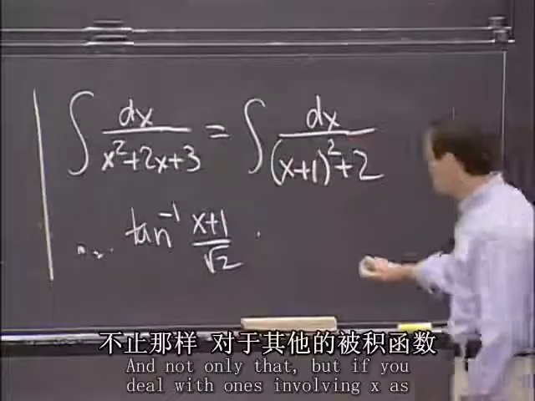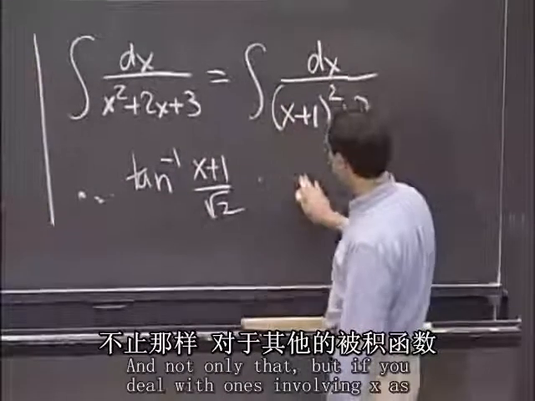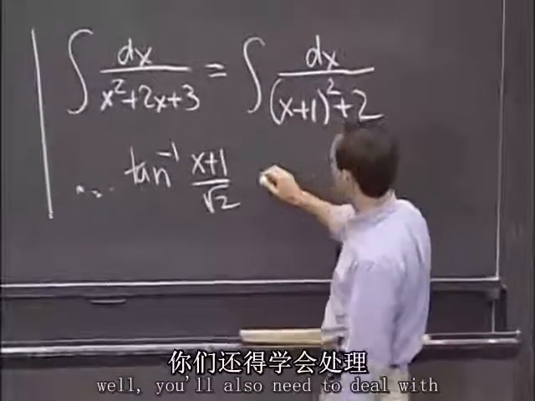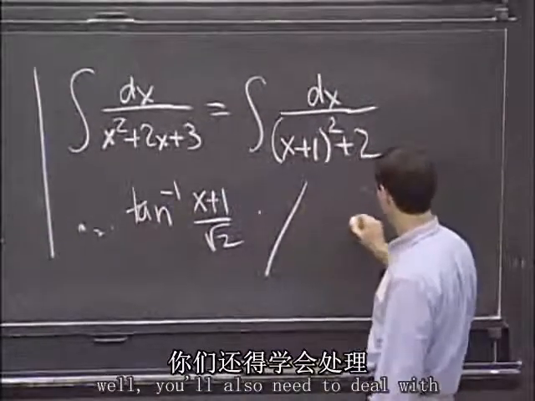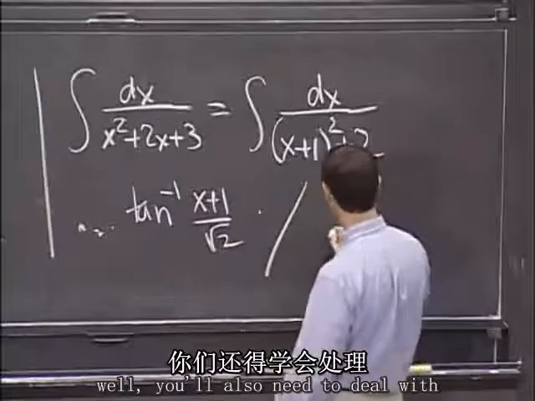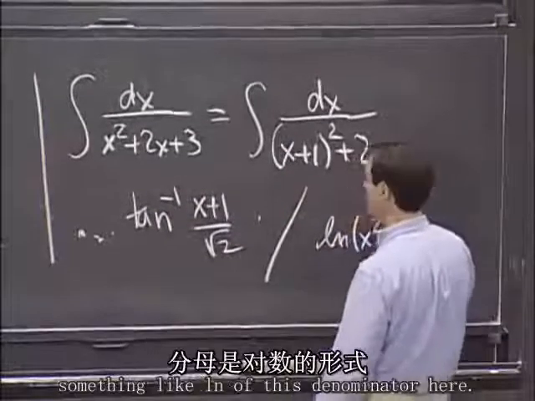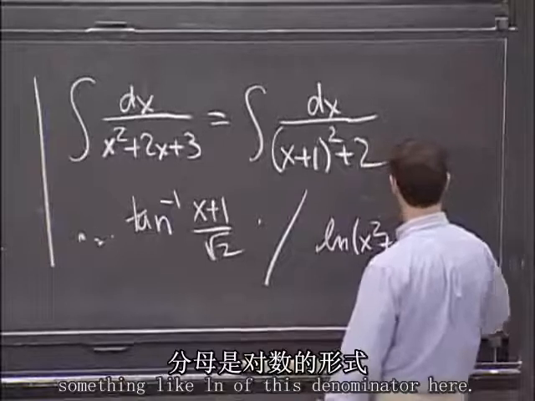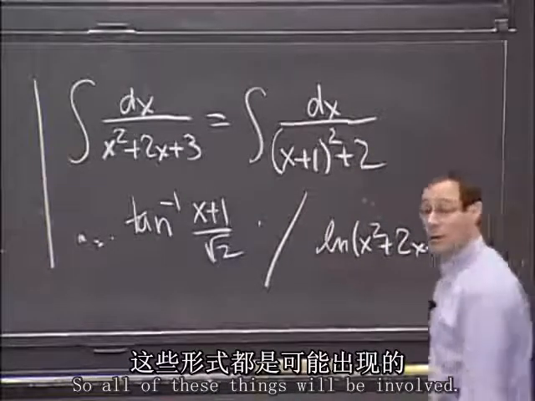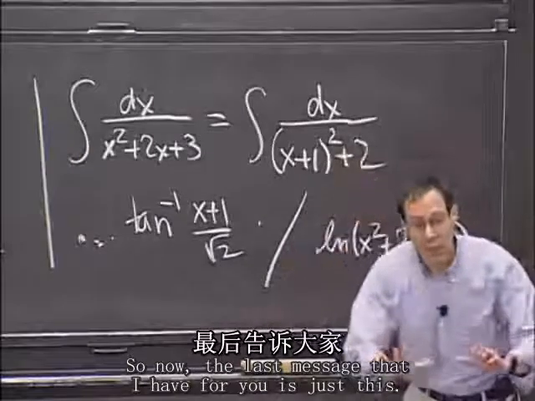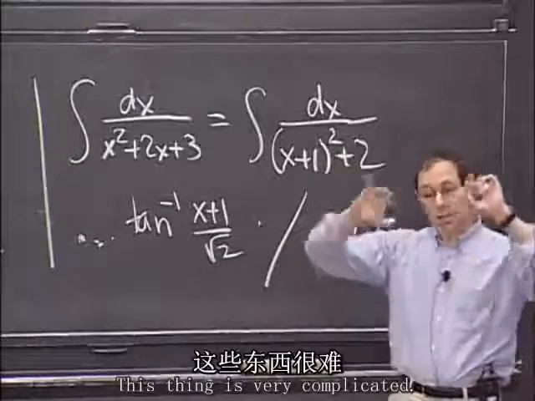And not only that, but if you deal with ones involving x as well, you'll also need to deal with something like log of this denominator here. So all of these things will be involved. Now, the last message that I have for you is just this. This thing is very complicated.